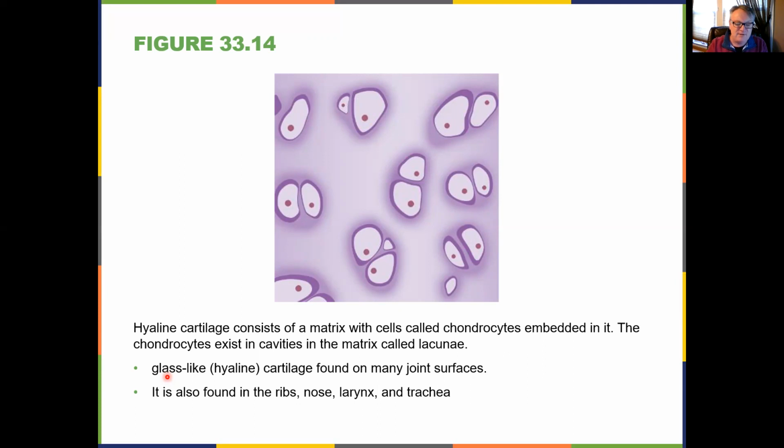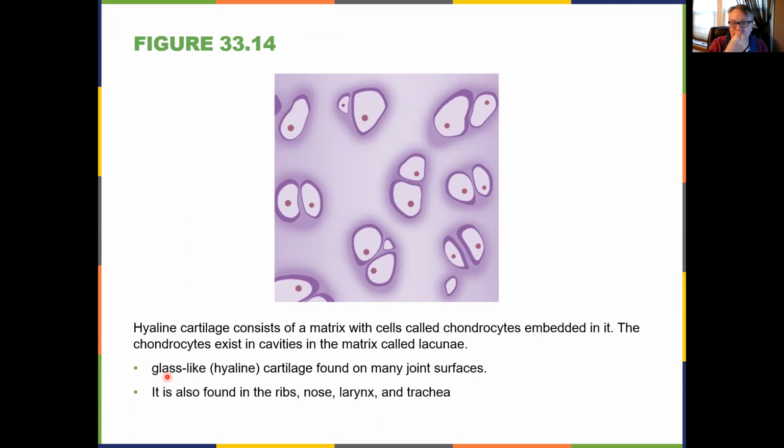So where are you going to find this? In between bones in a joint, because it prevents friction from forming. You also are going to see this in your earlobe. So if you grab your earlobe right now and move it around, you're actually moving cartilage. Also in your nose.